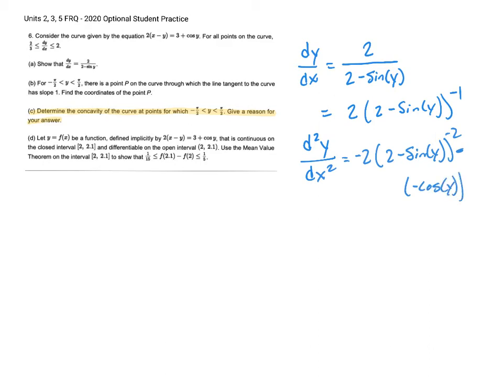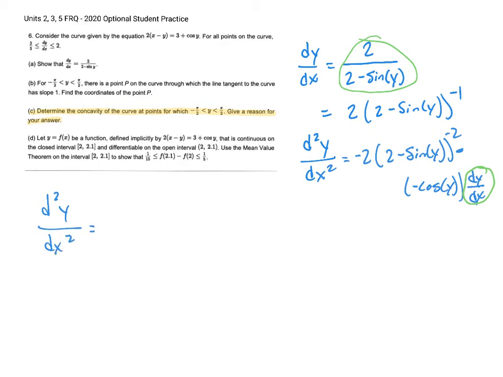And then times the derivative of y, which is dy over dx. And remember, we already have an expression for dy over dx, so that's going to come into play. Let me clean this up a little bit. I wish I would have started this over on the side. So I'm going to, like it or not, pick up over here. And let's see if we can clean this up.